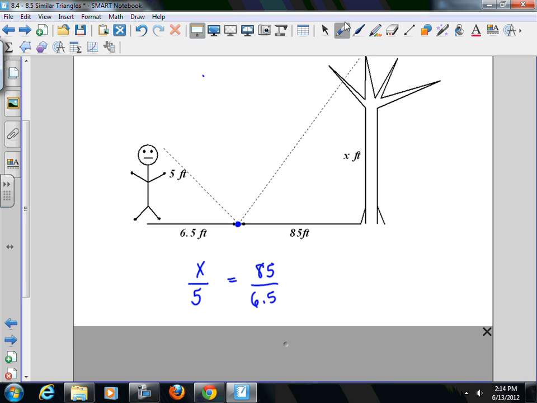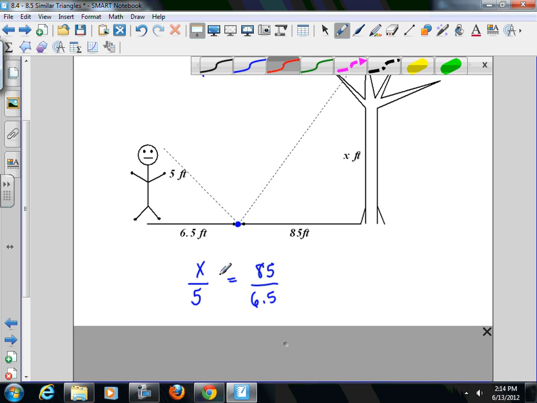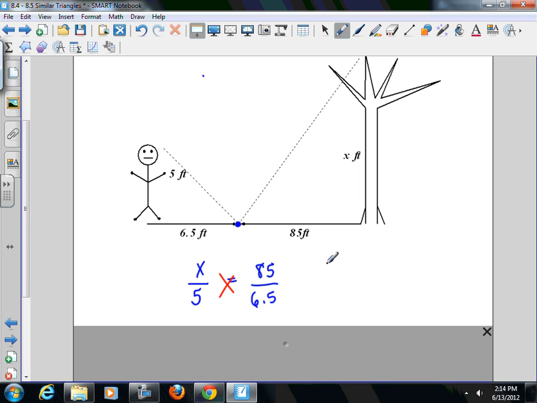And now what we're going to do is solve by cross multiplying. So you have 6.5x is equal to 5 times 8.5, which gives you 42.5. We want to divide each side by 6.5.